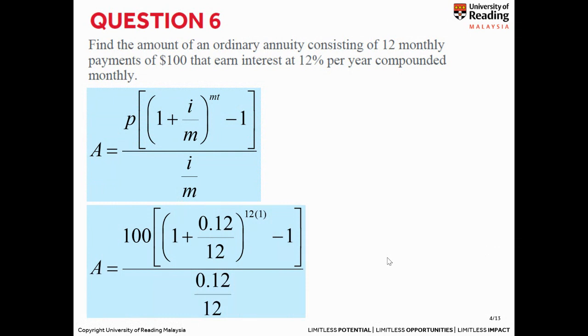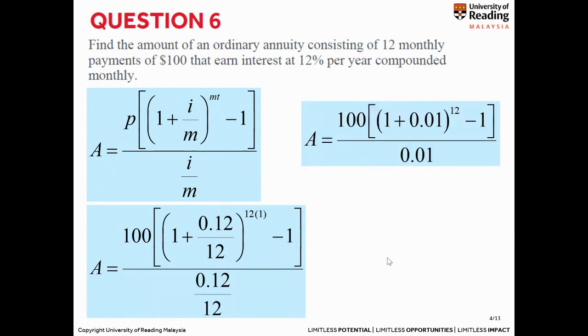So your M is 12. Per year compounded, so just 1 year, so the t is 1. So you simplify the fractions in the formula and solve it. You shall get 1,268.25.